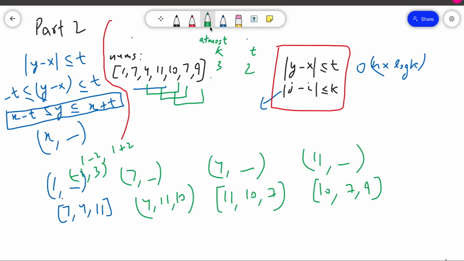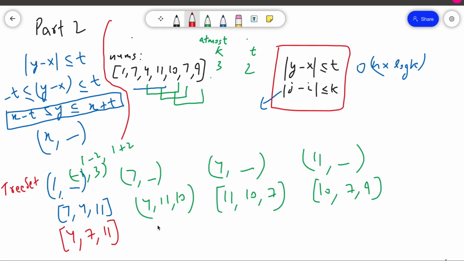We can maintain a data structure, a tree set, that will sort all these values, and it stores no duplicate values, so it will store 4, 7 and 11.